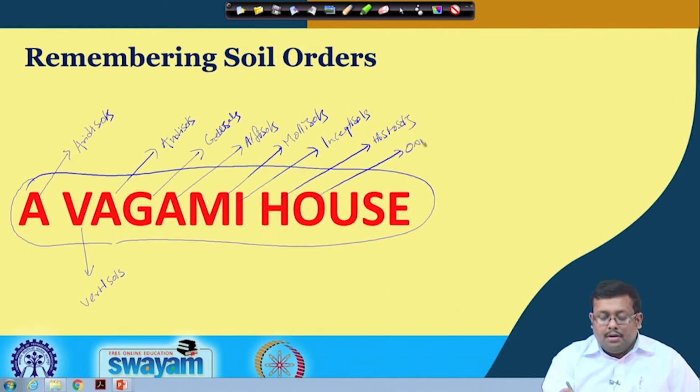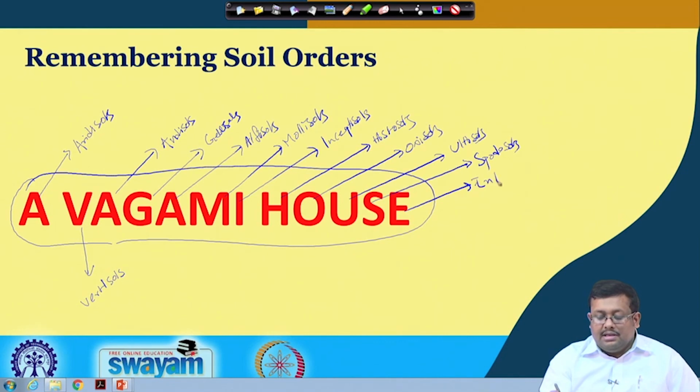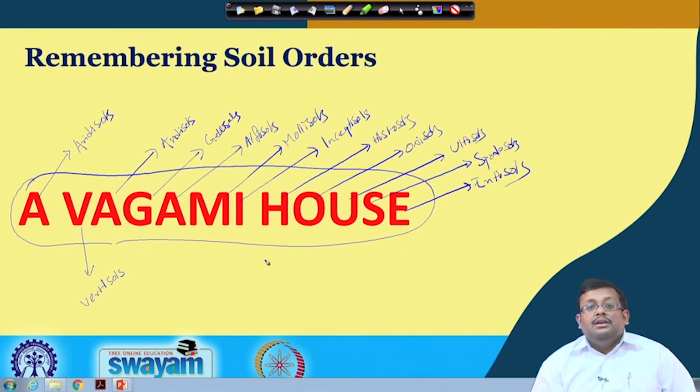O, Oxisols. U, Ultisols. S, Spodosols. E, Entisols. So, if you remember this thing, it will be easier for you to remember all the soil orders.